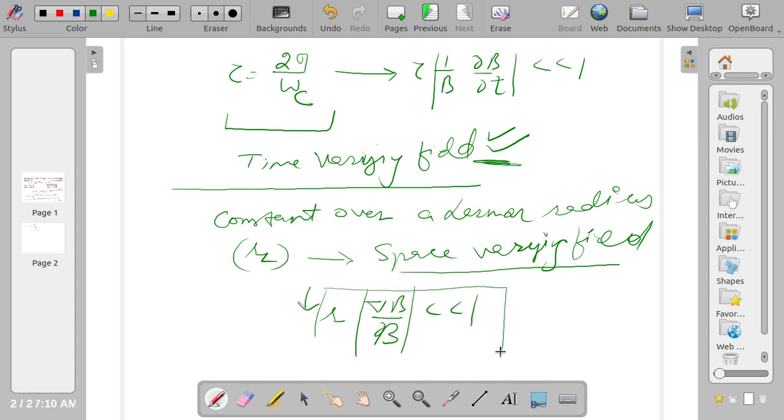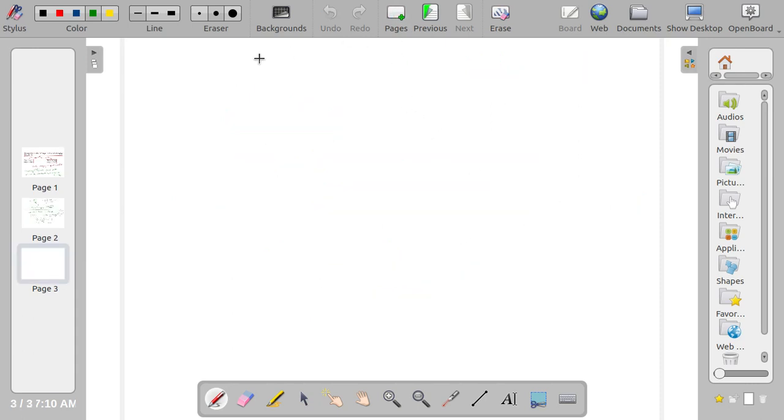This is the condition for space varying field, and this is for the time varying field. So in general, there are two constraints under which we have to work.